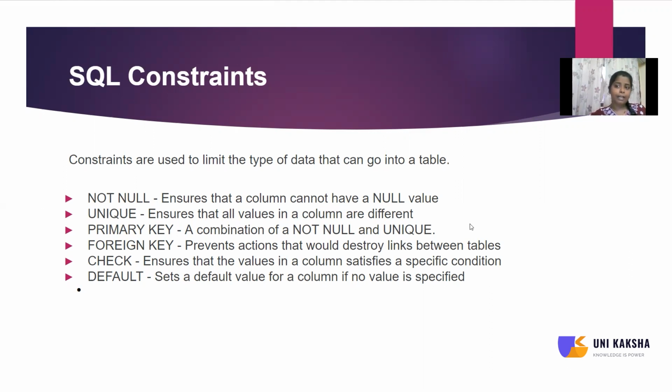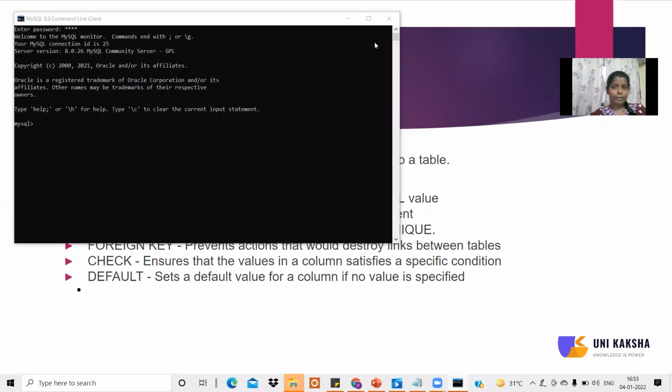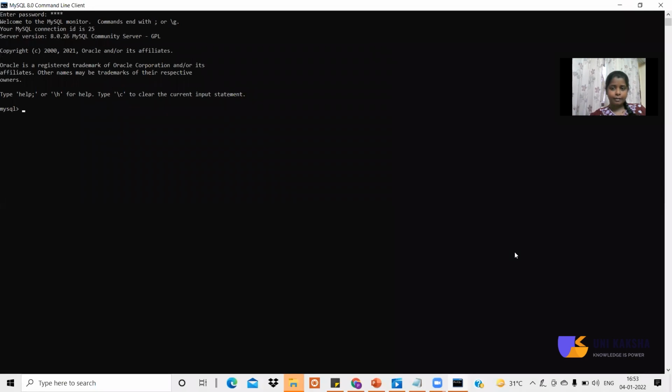So let's go back to our SQL, MySQL, in order to implement these things. This is our MySQL window. Let me expand this. We'll try to create a table, and for the first half of the session, we'll try to understand the importance of the primary key, and then we'll check what the foreign key is.